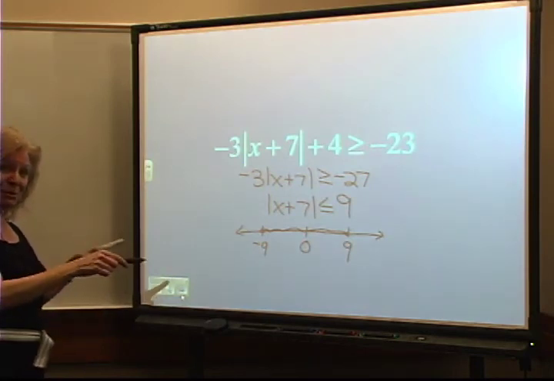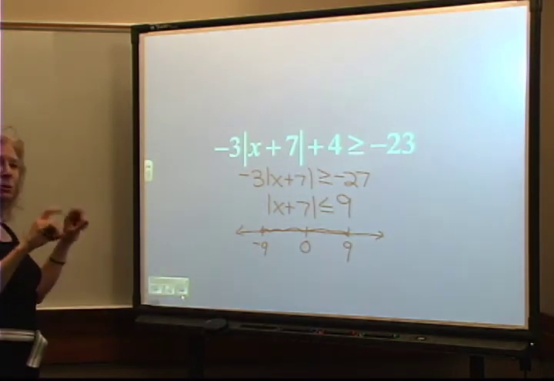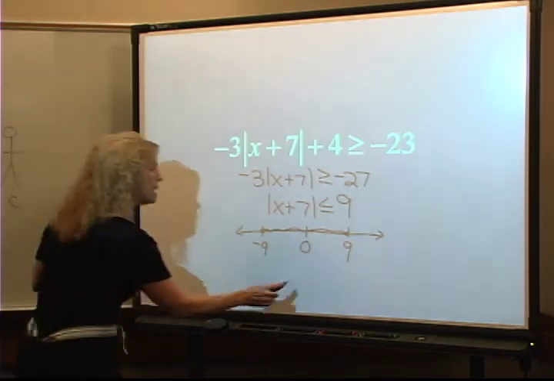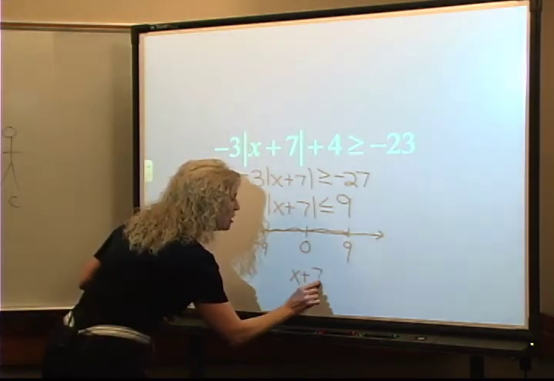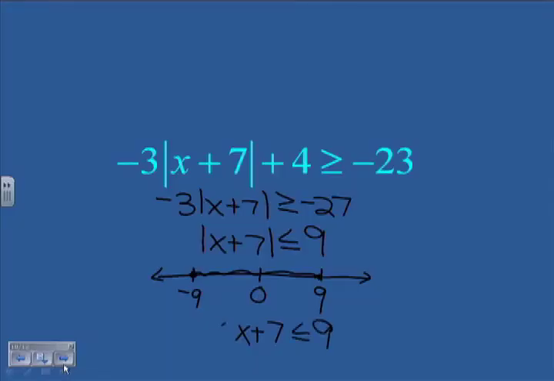Ooh, I have one segment, don't I? That's one of those between situations. The numbers I'm looking for are between negative 9 and 9. And now it's easy. Subtract 7. Negative 16 is less than or equal to x, less than or equal to 2.